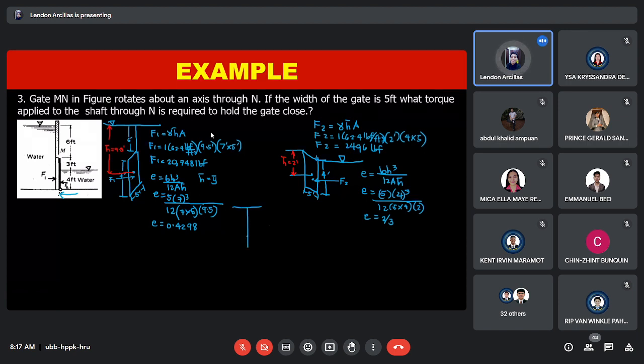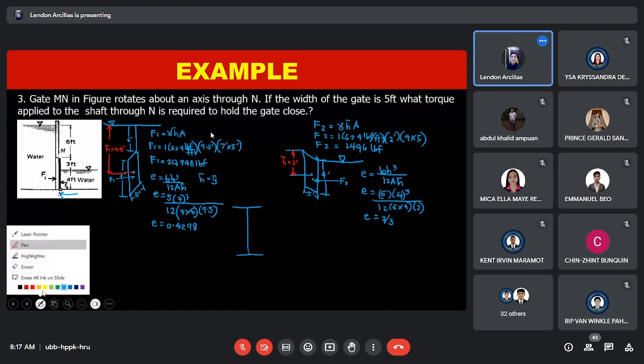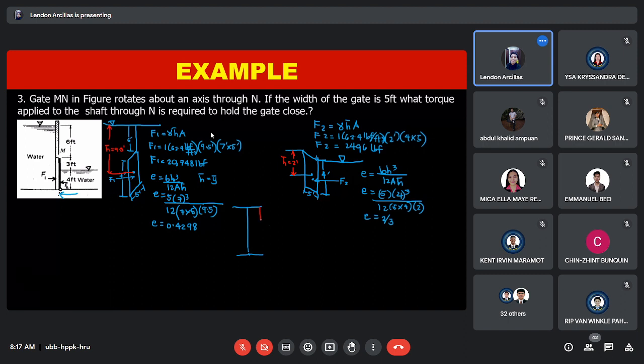So first, for this force 1 or the hydrostatic force 1, this is 7 feet. Okay, so this is the value of F. So this is E, right?